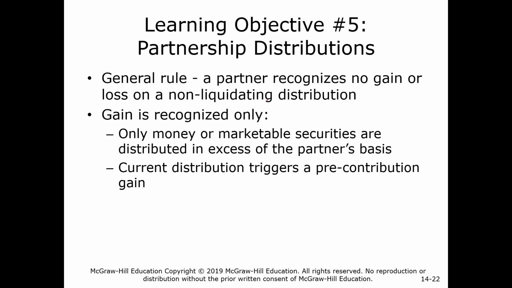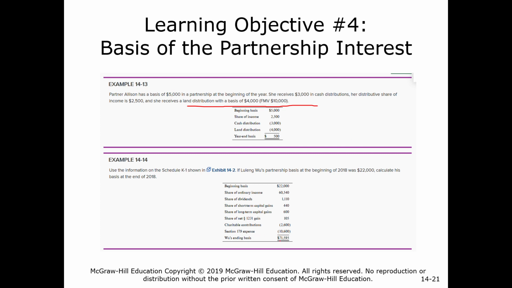Okay, so like I said, if we receive a distribution of cash or property, there is no gain or loss. However, if the distribution exceeds basis, so in our previous example, if we were to receive a distribution of $80,000, which is in excess of the $71,595, then that excess, that negative basis, we will have to recognize as a gain on our tax return.